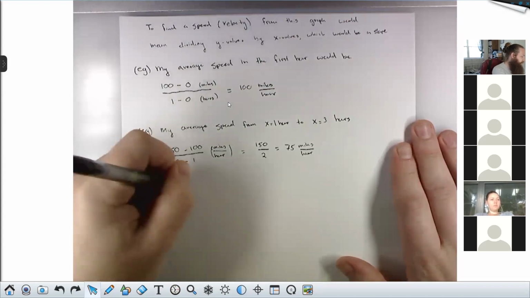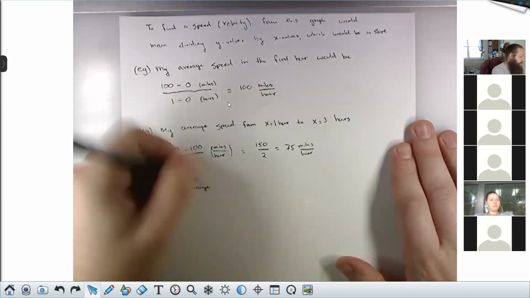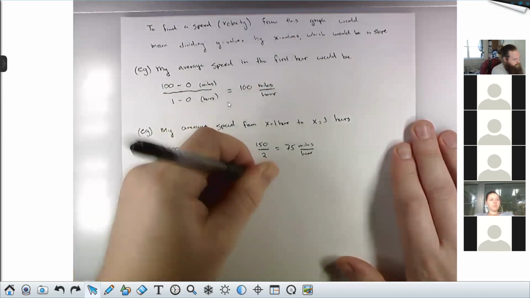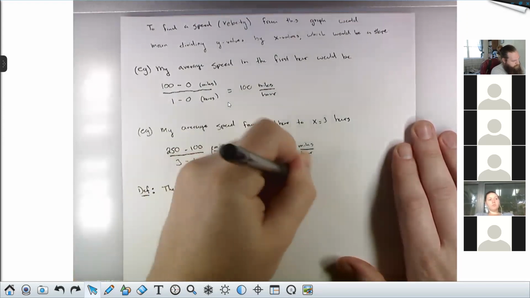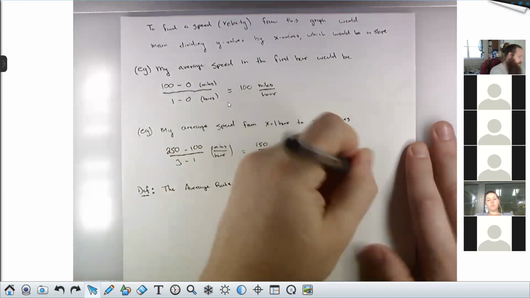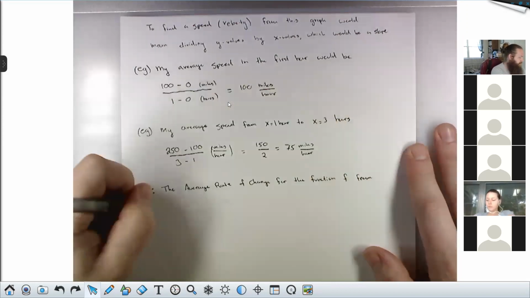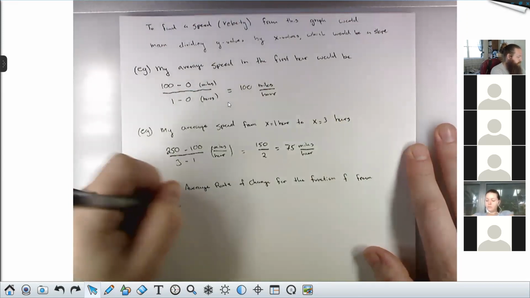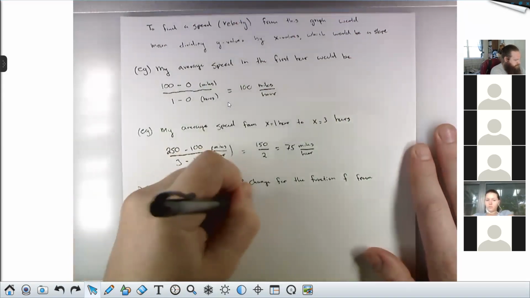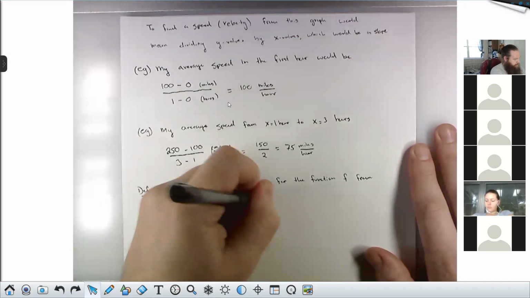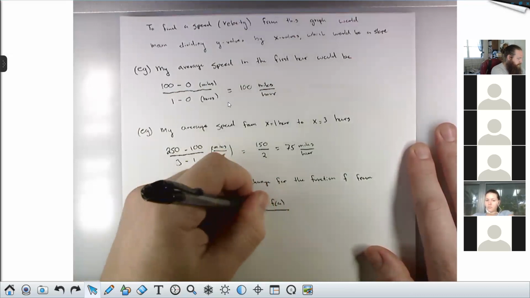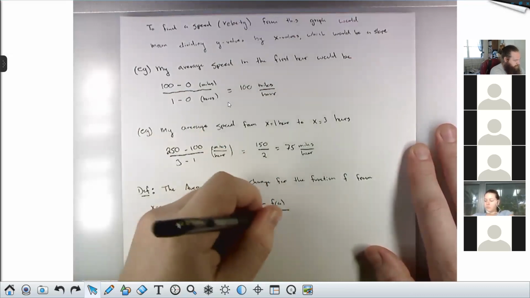The average rate of change for the function f from x equals a to x equals b is f of b minus f of a divided by b minus a.